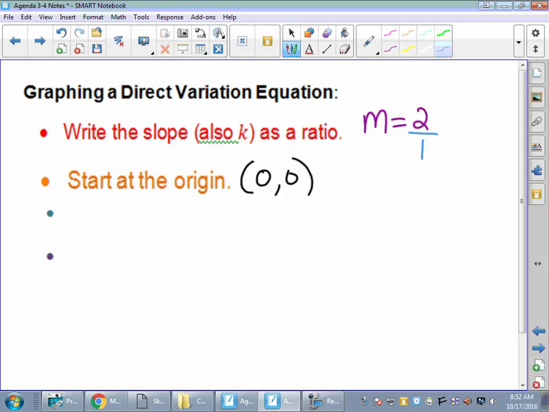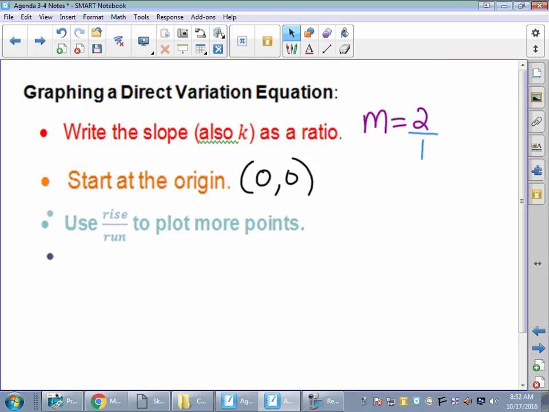Remember that we said in that first page, the graph always goes through the origin. Use rise over run to plot more points. That's your m. Last but not least, connect the dots and put arrows at either end. You've got yourself a direct variation equation.